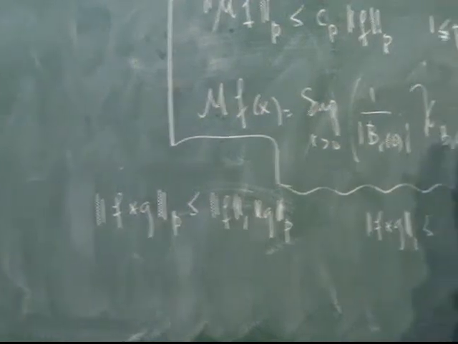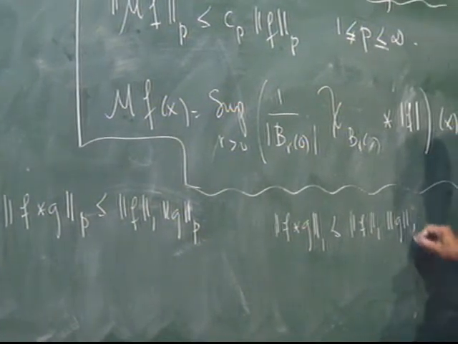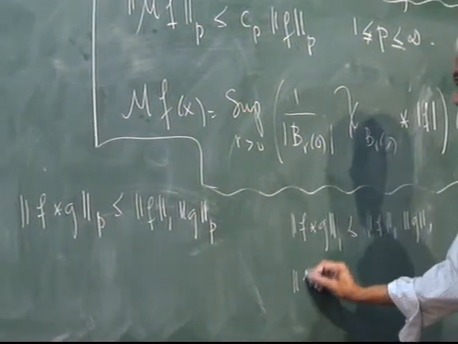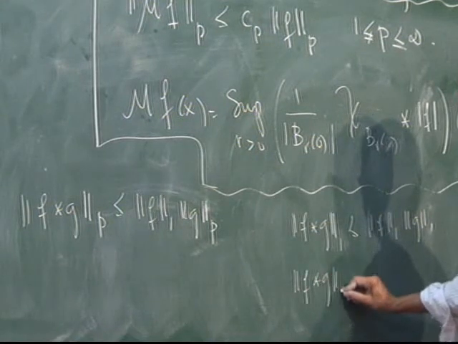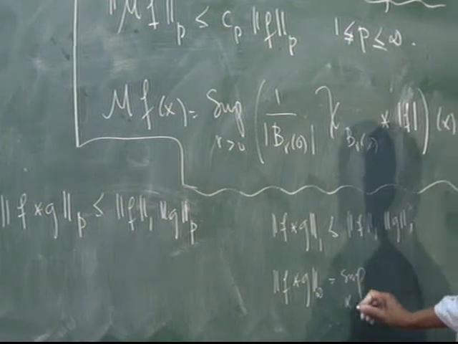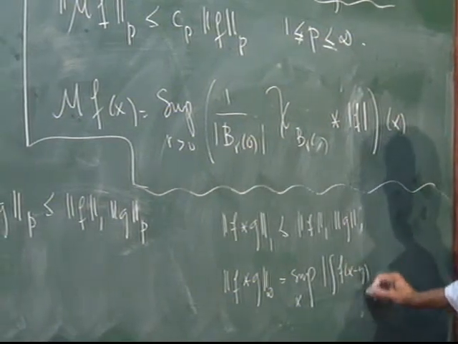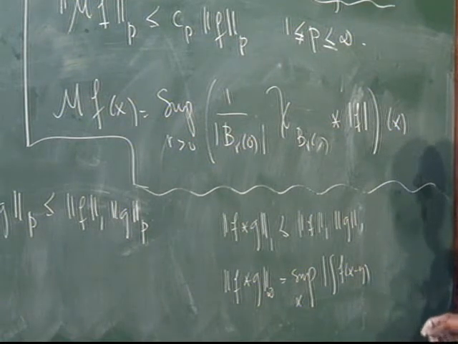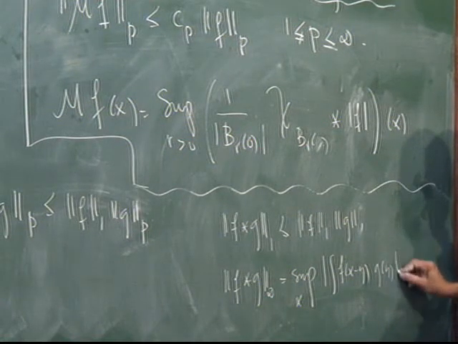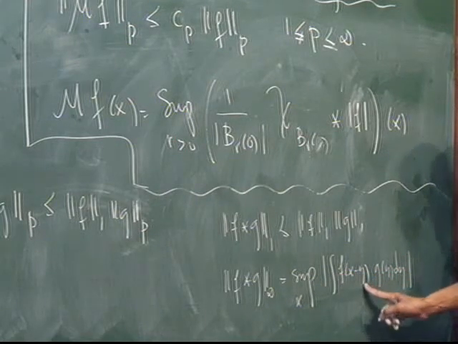If you take everything in L1, you have this. And if you take things in L infinity, this is the supremum in x. Then you take the supremum in psi, you take this in L infinity, and you stay with the integral of f.